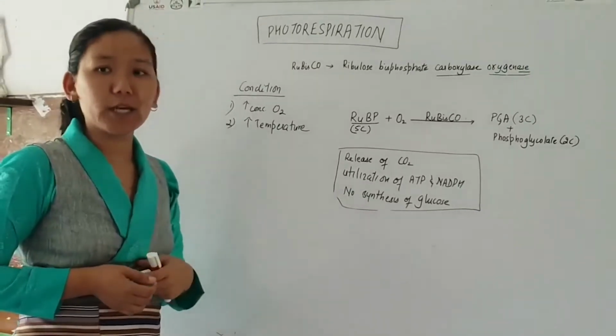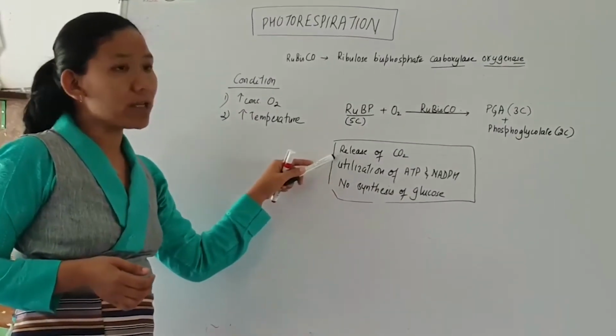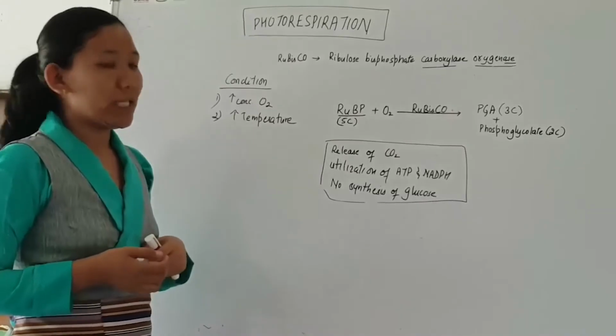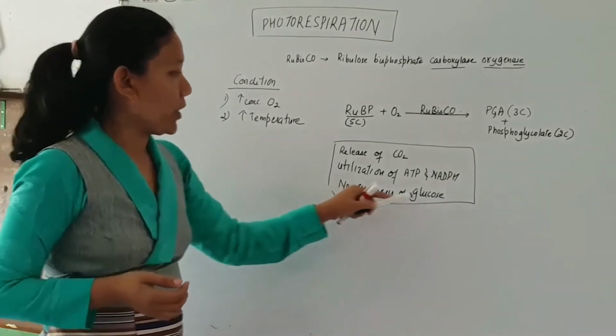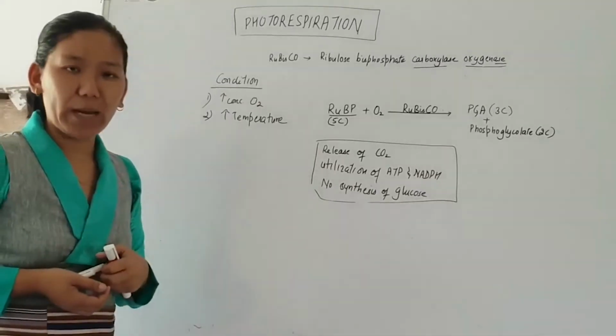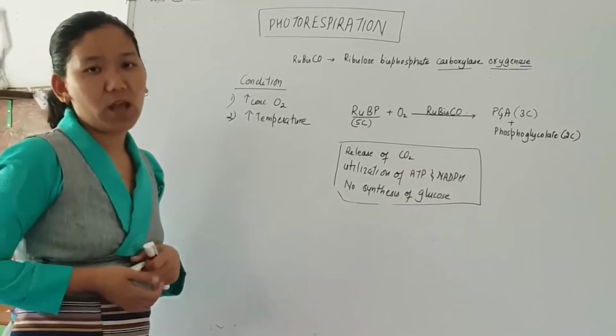So instead of fixing carbon dioxide to synthesize glucose, what it does is it releases the carbon dioxide which is already in the plant, and instead of again forming energy from glucose, the energy already available in the plant is utilized. So this is a wasteful process.